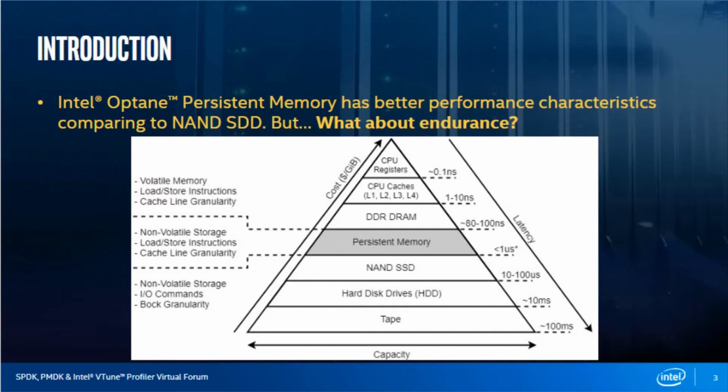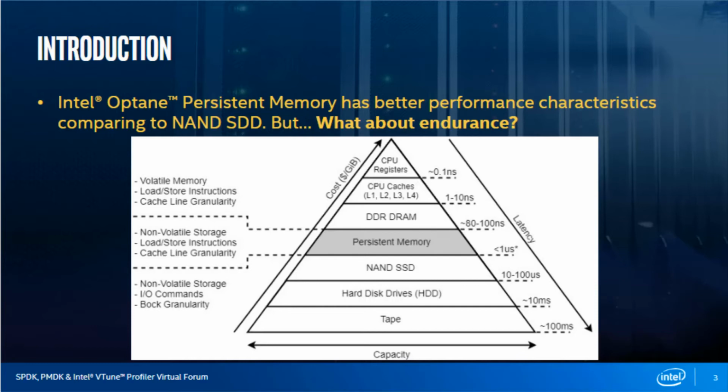And comparing to SSD, we also do a comparison from the perspective of performance, and we know that persistent memory is faster than SSDs. It has significantly better latencies. But today I'm going to discuss with you the advantages of persistent memory from the endurance point of view. And we'll see how persistent memory can help in your setup, in your applications.